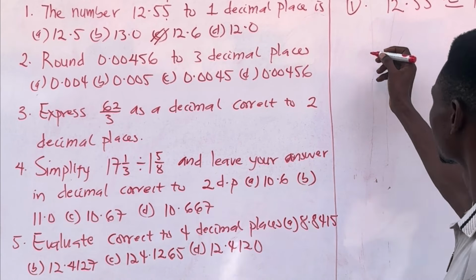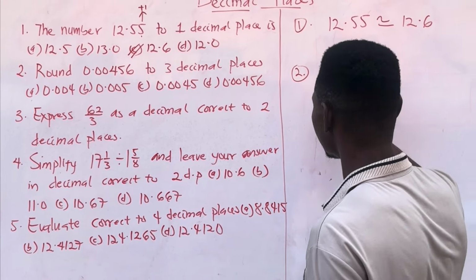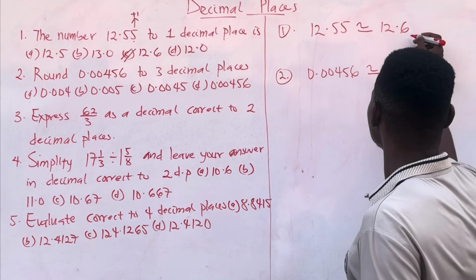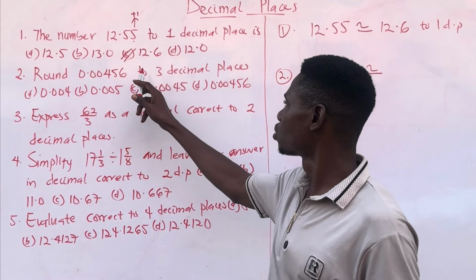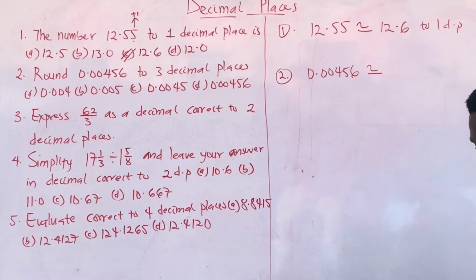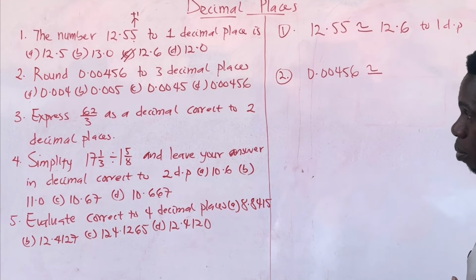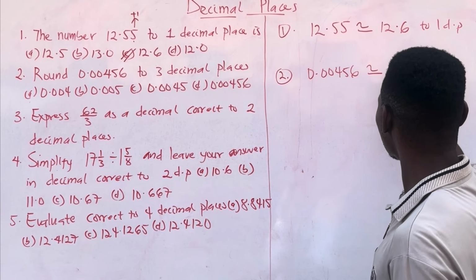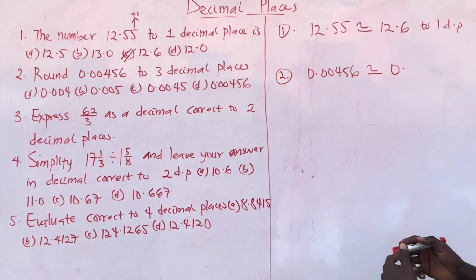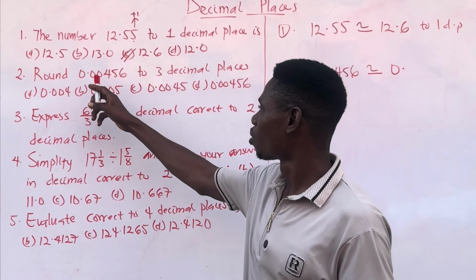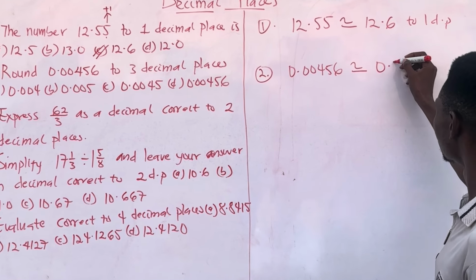And number 2 says round 0.00456 to 3 decimal places. Remember, you are counting from after the decimal point. So this will give us 0. Now we need 3 digits after this decimal point. So we have 1, 2, 3, that's 004.